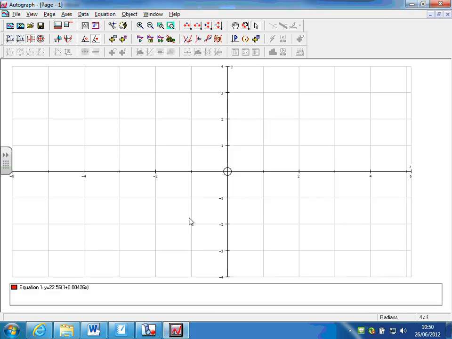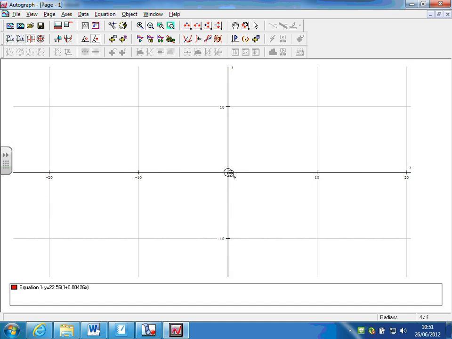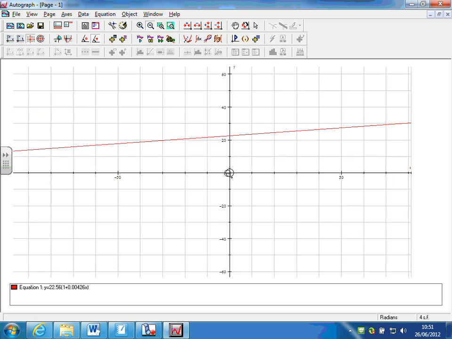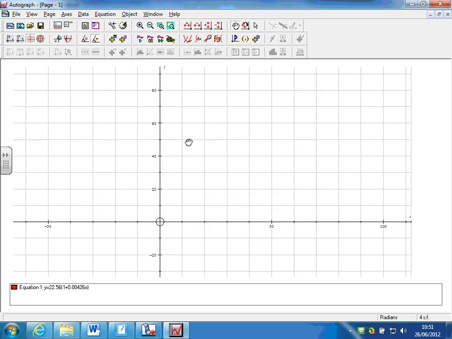And then we'll hopefully get a straight line. If I key it in, at the moment we're getting nothing at all, so let's zoom out and see what happens. There's the line. If you can't see the line, you use this zoom out button here to zoom out and see the graph. I can shift it around using this hand here, and so now we've got temperature along the x-axis and resistance along the y-axis here.